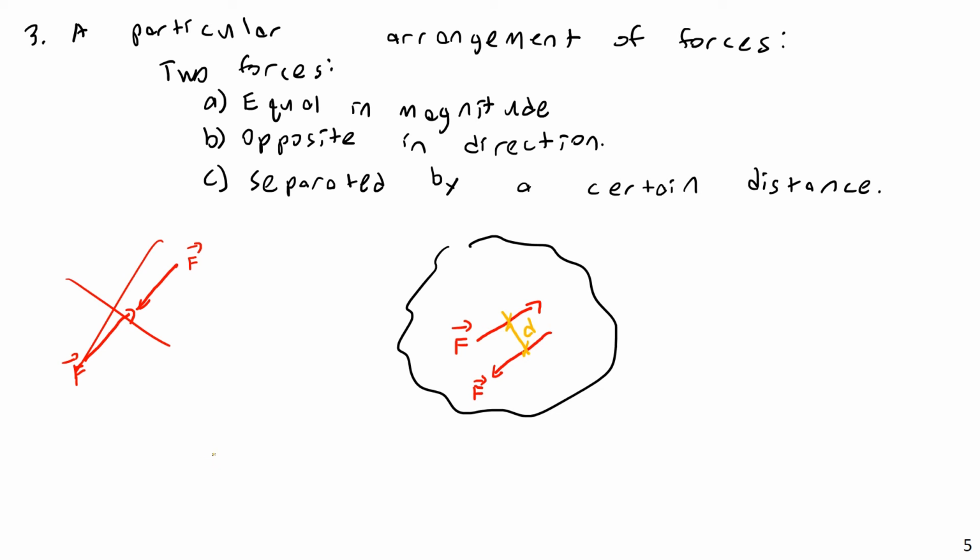And the magnitude of the couple is going to be equal to M equals F, the magnitude of the force vector, times the distance d. So the magnitude of the couple is equal to the magnitude of the force vector times that distance d. And that's how we can get this mathematically, but let's look at how this is actually produced.